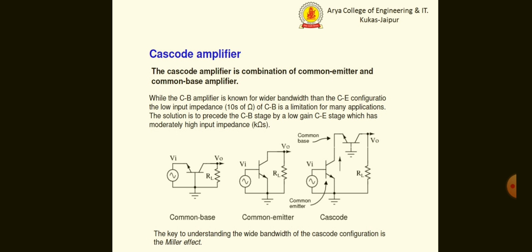The low input impedance of a common base is a limitation for many applications. The solution is to precede the common base by a low gain common emitter stage, which has moderately high input impedance. In this slide, the common base and common emitter configurations are individually shown, and a cascode circuit out of those configurations is also shown.